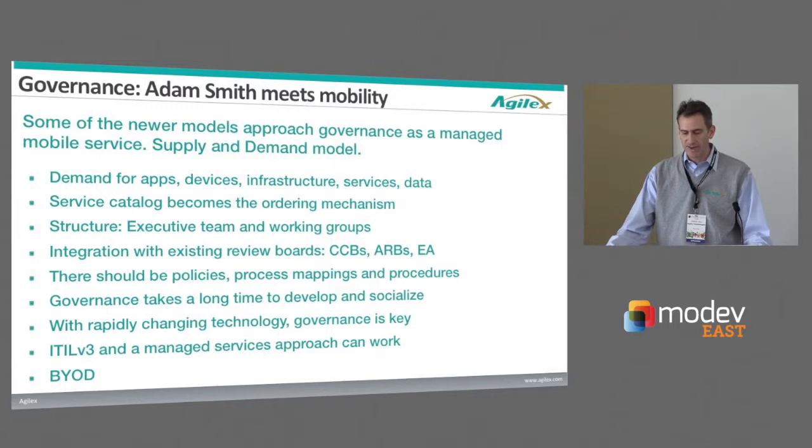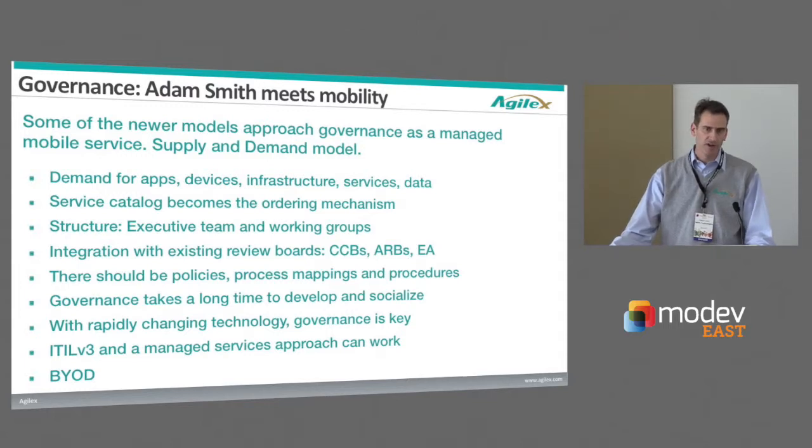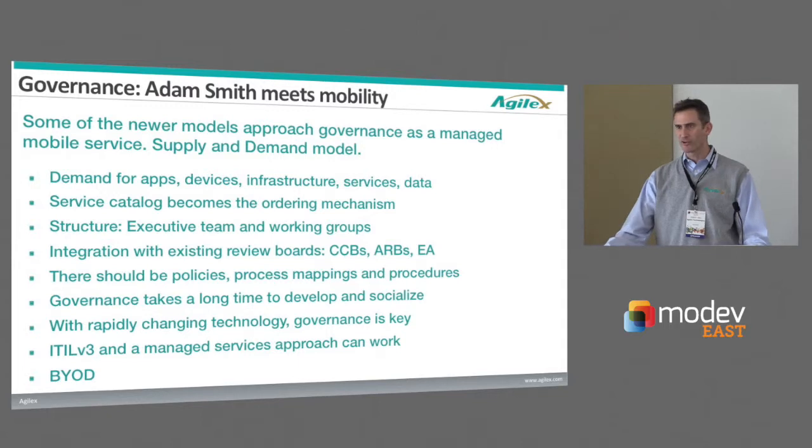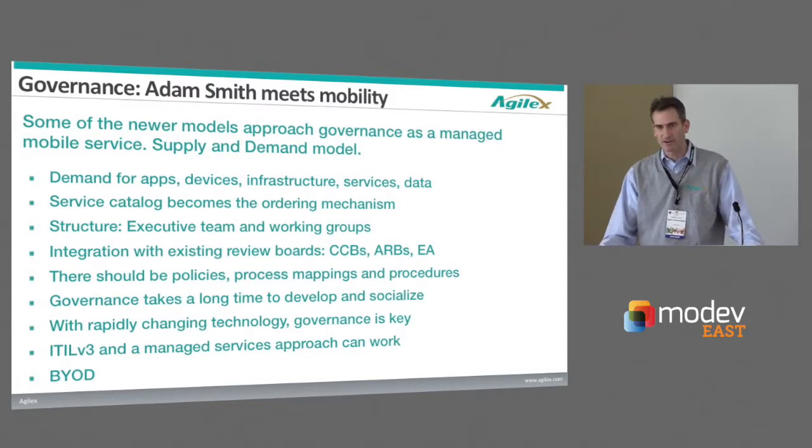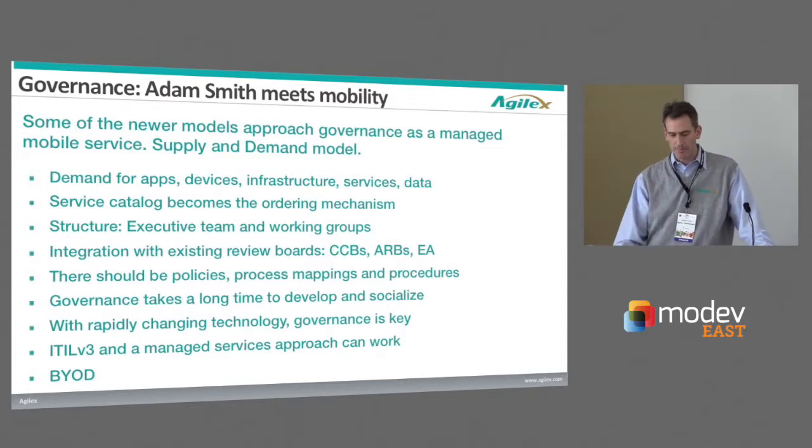And governance can integrate with existing review boards. A lot of organizations have existing SDLC policies and processes, change control boards, architectural review boards. Mobility can typically work pretty well with those. So this is an area that you don't necessarily have to decouple. You can still run it fairly seamlessly with the organization, but they have to adapt a little bit.